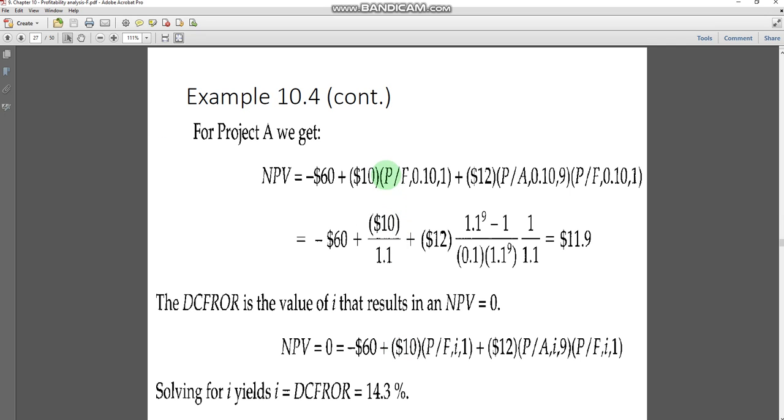We have to use the equation P/F = 1/(1+i)^n. Here you are provided with the value for F, which is $10 million, and you calculate the present value at the start of year one. So the number that you get here is 10 divided by 1.1.